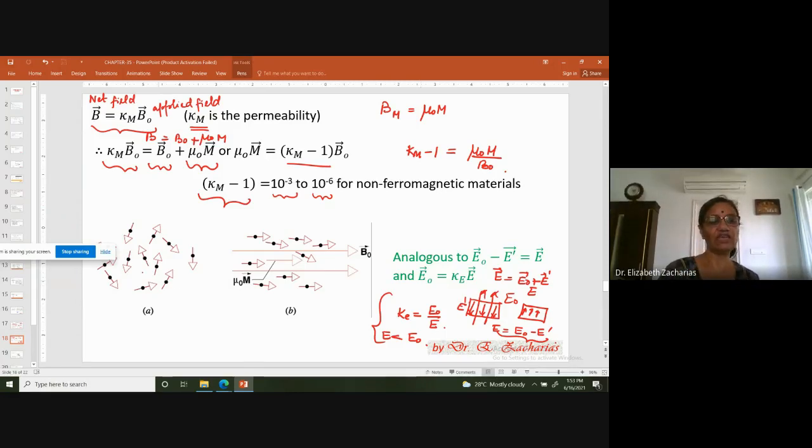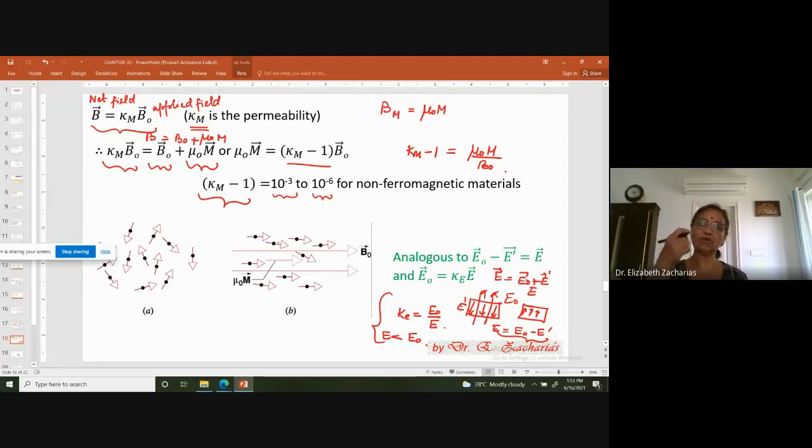That's the picture given here. Look at this A. In A, each is a permanent dipole but randomly oriented. The minute you apply a magnetic field, these dipoles get oriented. They set up a magnetization field BM. B naught and BM are parallel. They add up and give you a big field. Now the question is, what happens if it is diamagnetic?